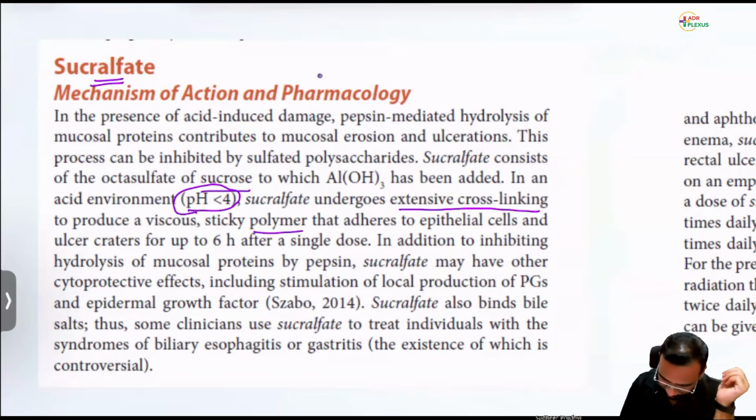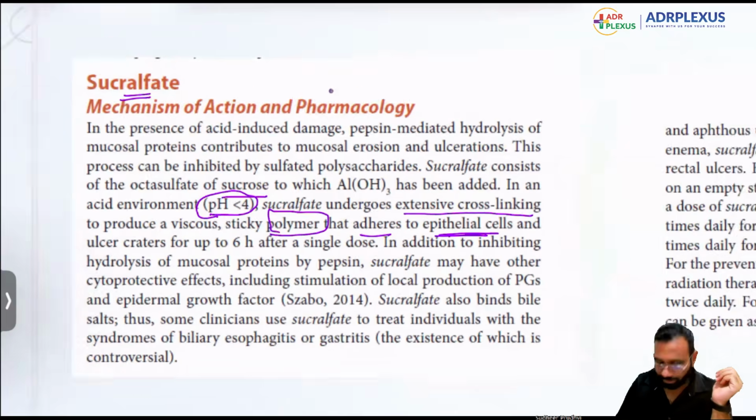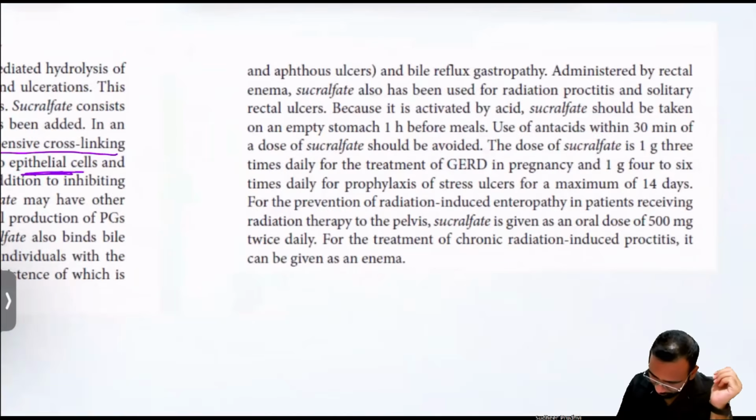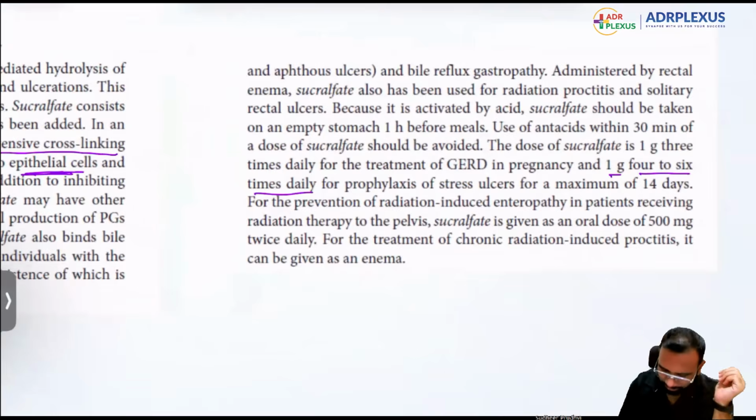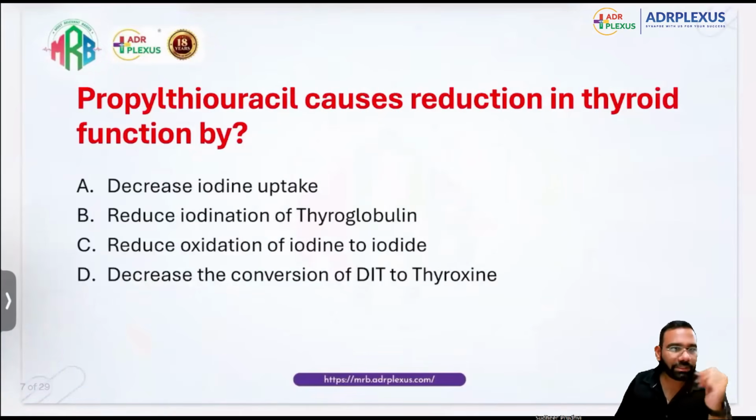It forms a polymer and adheres to the epithelial cells. So this is the mechanism of action of Sucralfate. Then we have to give 1 gram 4 to 6 times a day. That is also a correct option. That's about the references of Sucralfate.